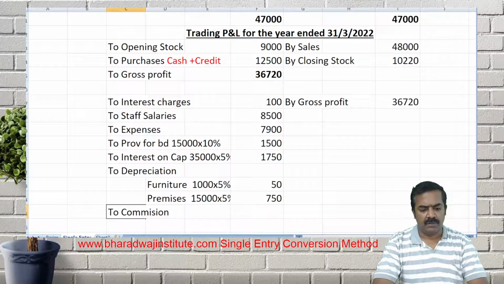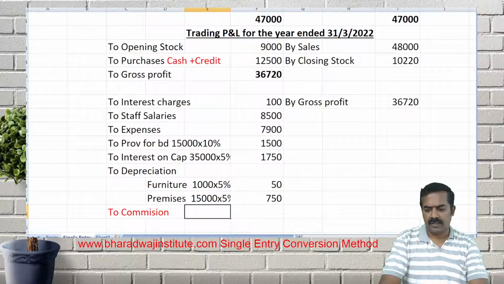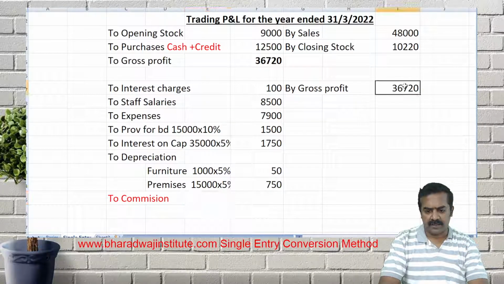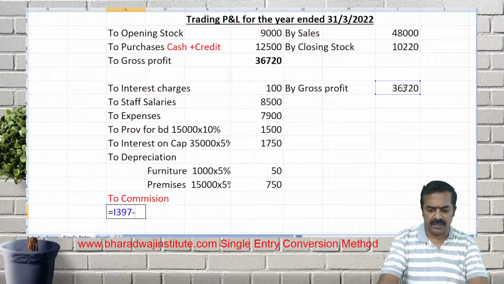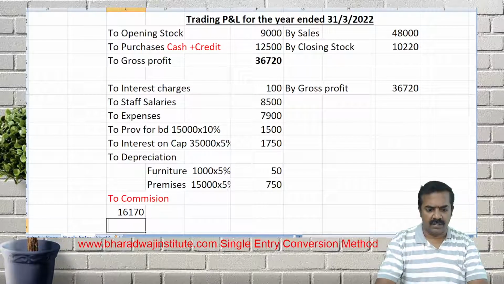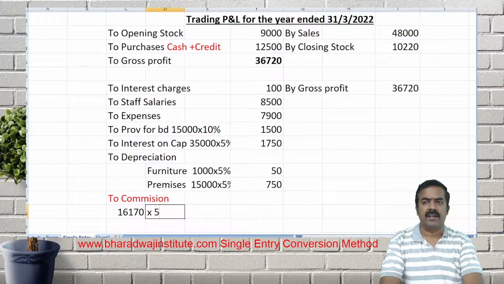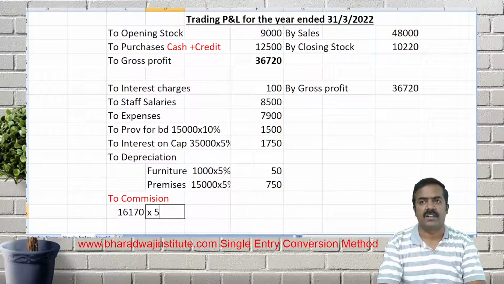Then commission we have to work out. Get the rough balance: 36,720 minus all expenses. On this you will apply 5%. Is it just commission given or after charging commission? After charging.